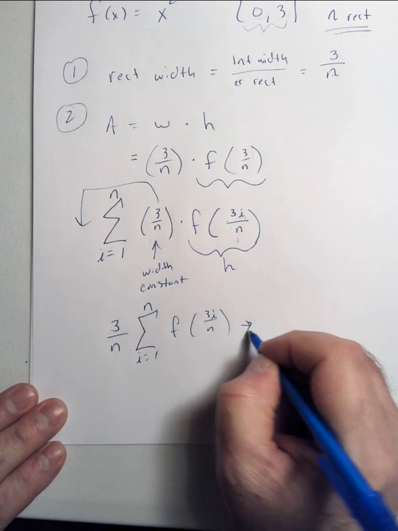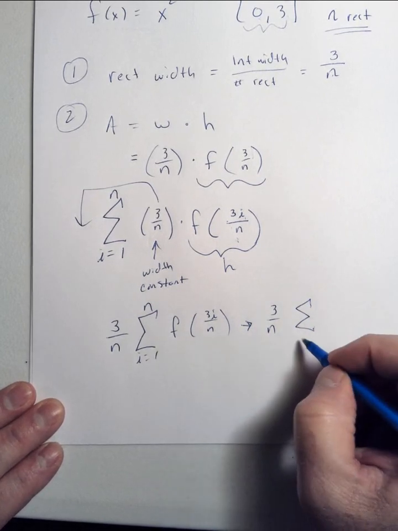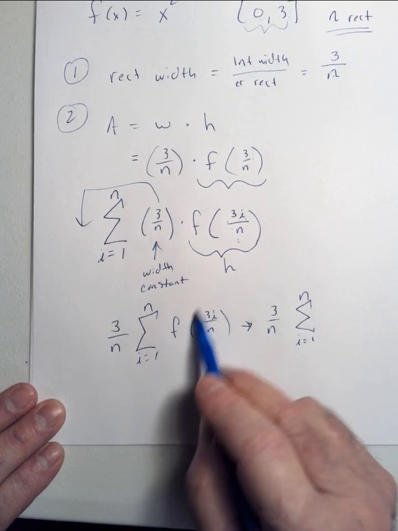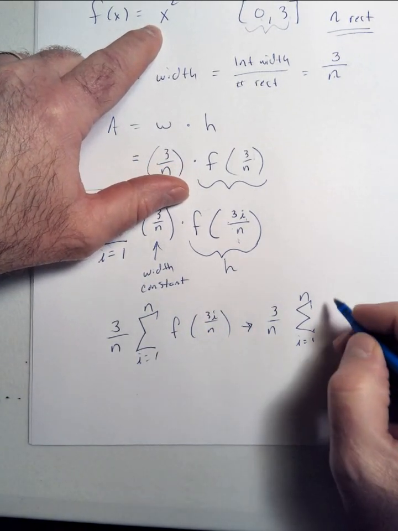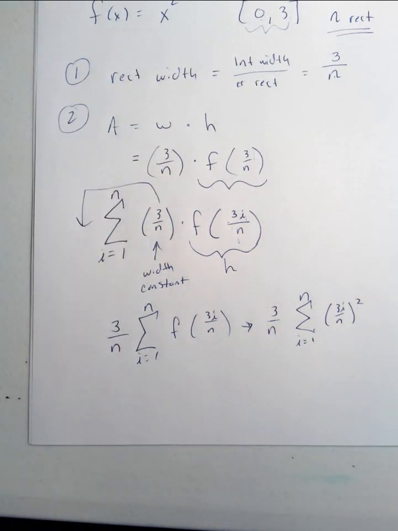So the next step then is to go ahead and plug this into the function. So plugging 3i over n into my function that is defining the height, so this becomes 3i over n squared.